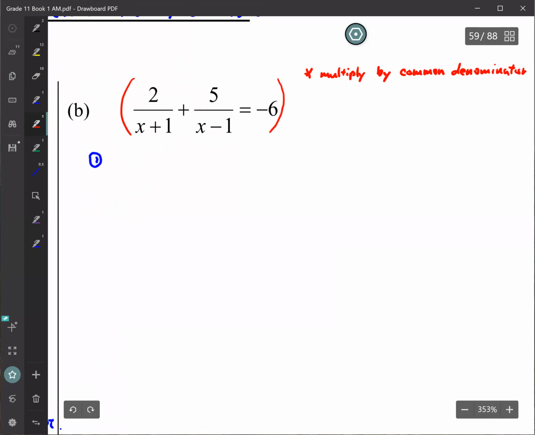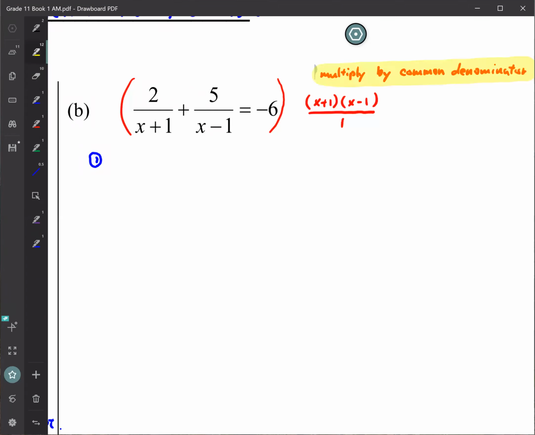I put it over 1, meaning it's in the numerator. So let me erase this. That's our first thing to do: try to change it into general form.